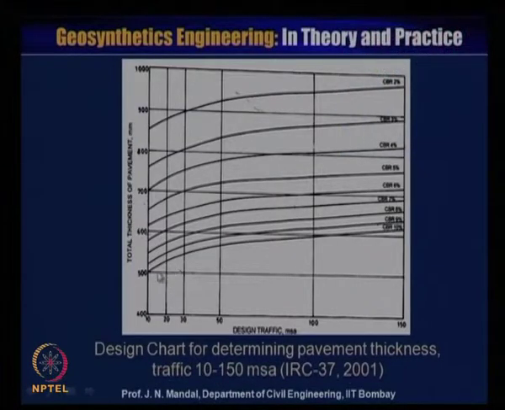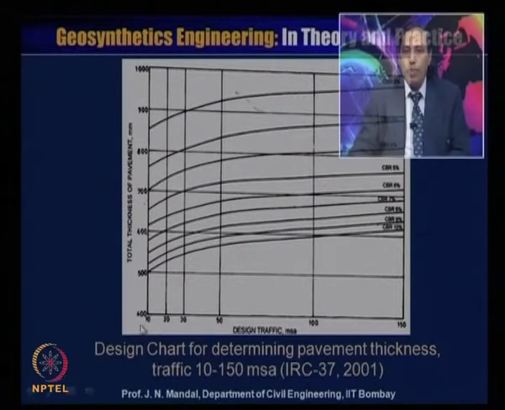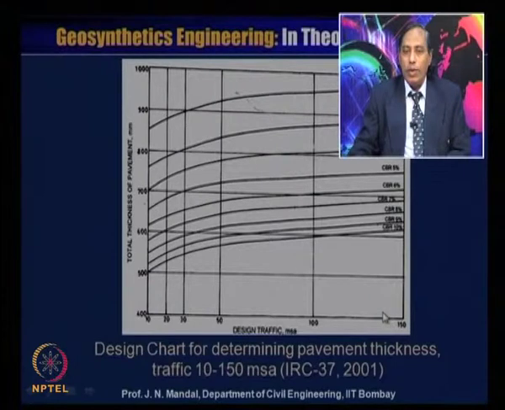Similarly, this is another design chart for determination of the pavement thickness. This is the design traffic, which has now increased from 10 to 150 MSA. For 10 to 150 MSA and the defined value of CBR, you can also calculate the thickness of the pavement. So there are two charts: one for 1 to 10 MSA, and this one for 10 to 150 MSA.